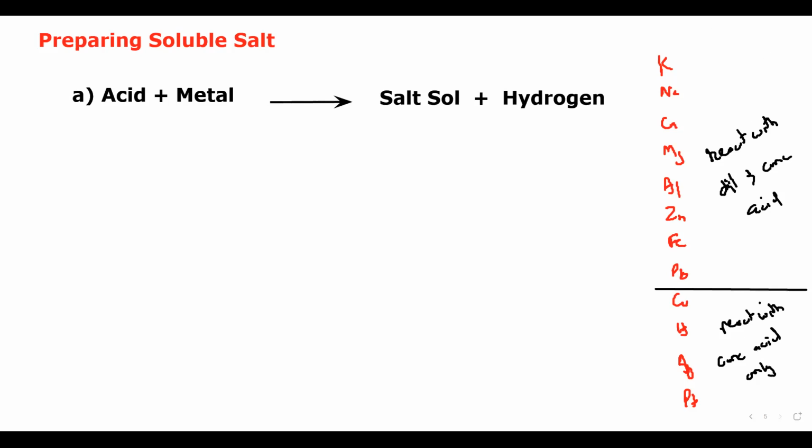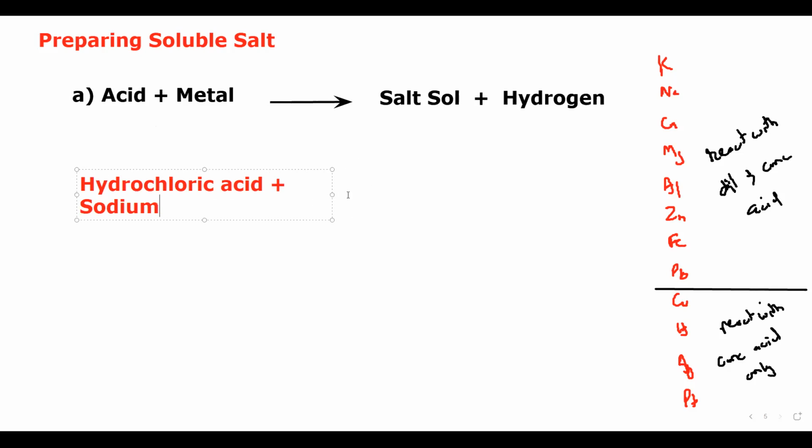So for example, if you want to write an experiment to prepare a salt when acid is reacting with metal, we take hydrochloric acid and we mix hydrochloric acid with sodium.